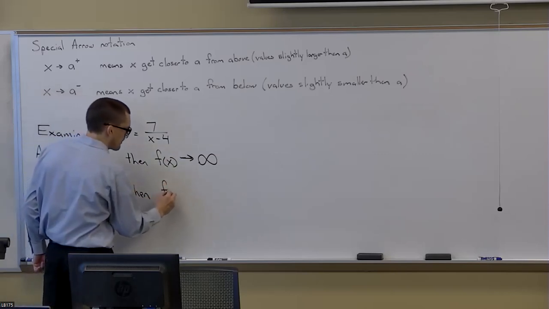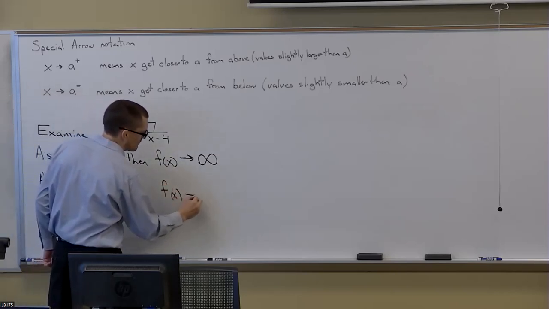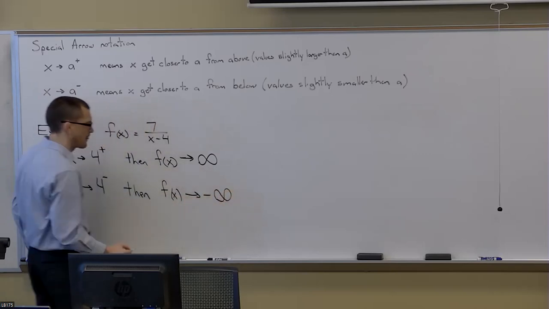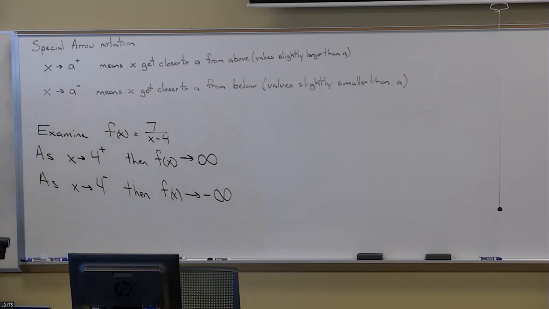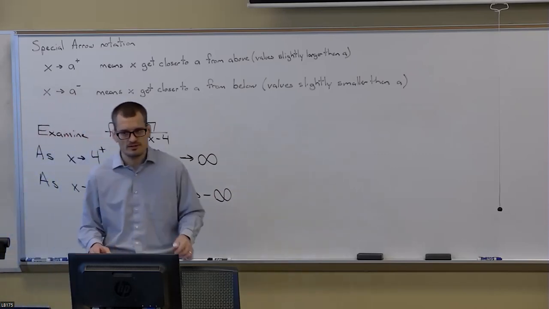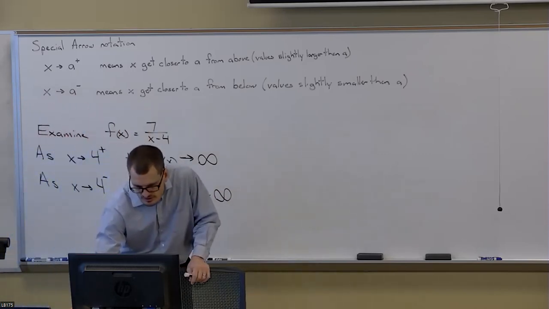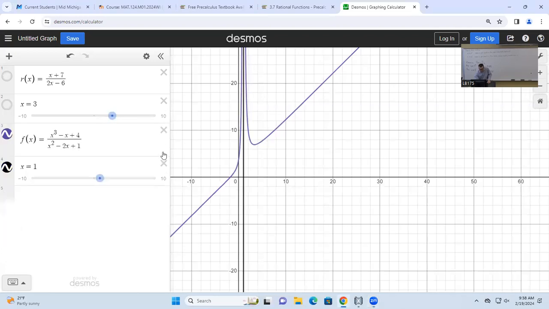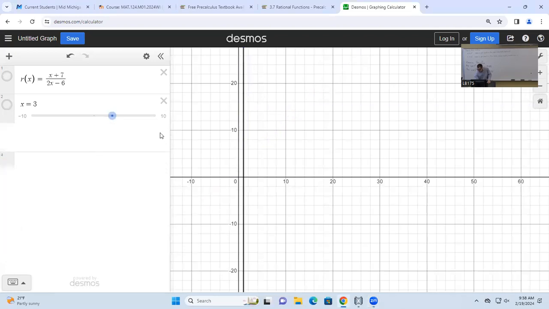And so when you divide by negative numbers that are really, really small, your function goes to negative infinity. Are you okay with that? It's not too terrible. So let's go back to Desmos.